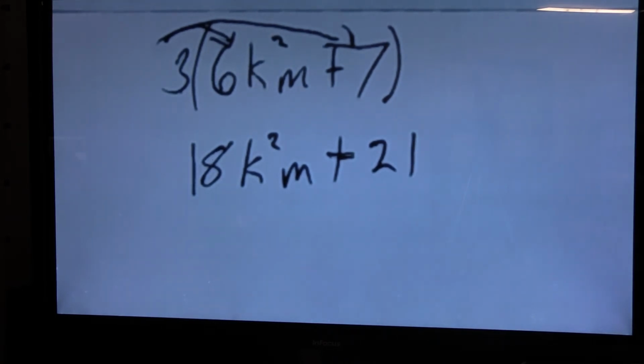Now children, the math practice that I used here was what I know about the distributive property of multiplication, but there was also number 7 in play, whereby I looked at the structure of the problem and thought about how I could write it a different way.